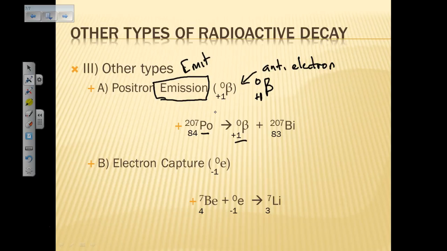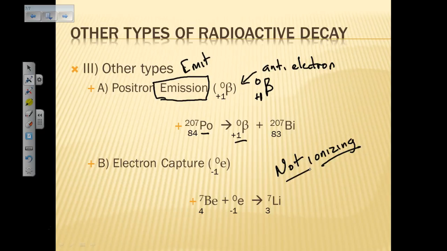Now, electron capture is another thing that happens. Now, this is not ionization. Let me just say that this is not ionizing. It's important to know this. We're talking about nuclear chemistry.